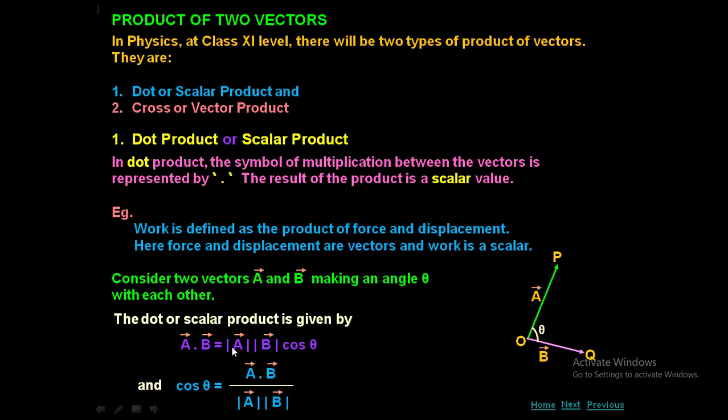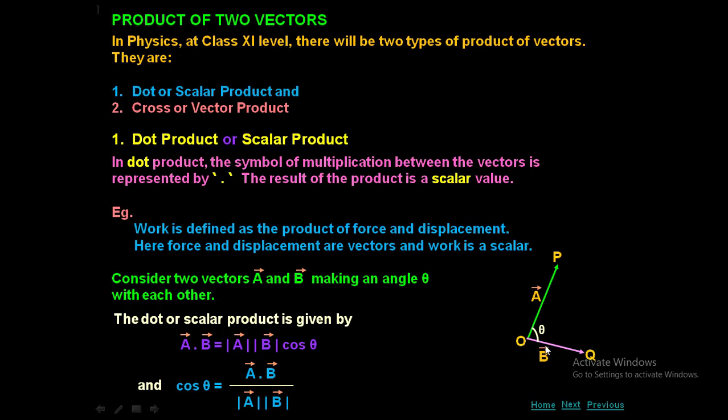Now, whenever you want to do scalar product, remember carefully, both vectors should be in the same line. That means, if I want to do the product of A bar and B bar by a dot, either B bar should be along A bar or A bar should be along B bar. Suppose, in this direction it is A bar. Now if you take the projection, it will fall on B bar.